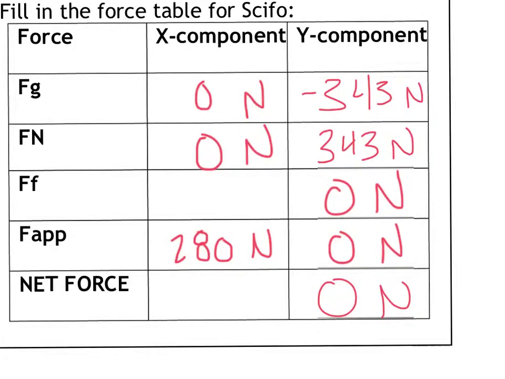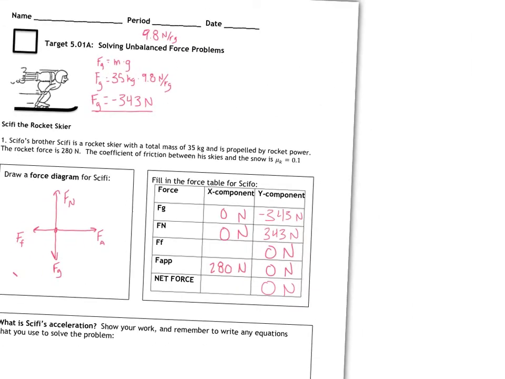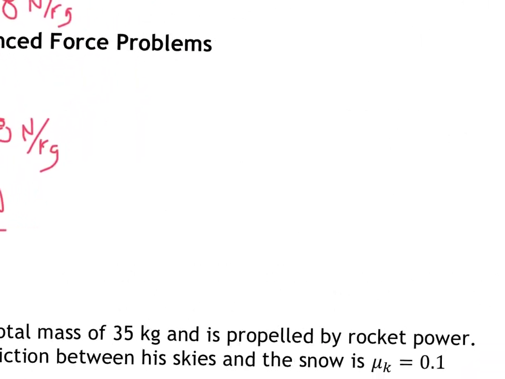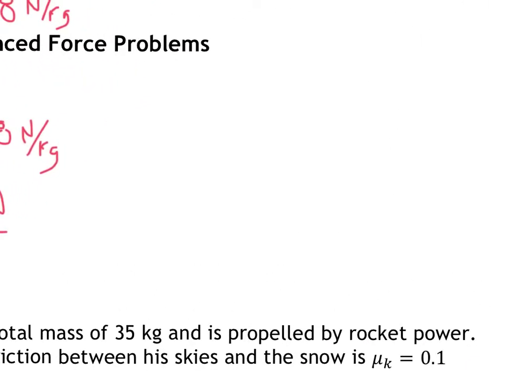Now we can figure out the force of friction, which would complete our force table. Earlier this unit, and a little bit at the end of Unit 4, we found out that the force of friction is equal to the coefficient of friction, which in this case is kinetic because the object's sliding, times the normal force.